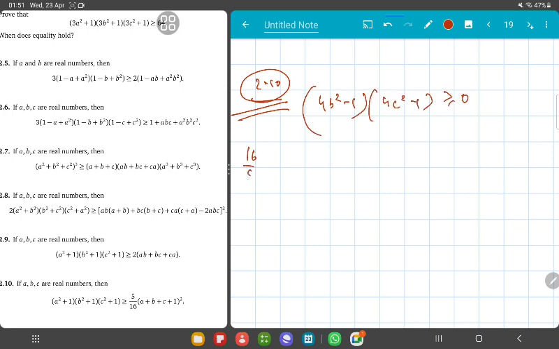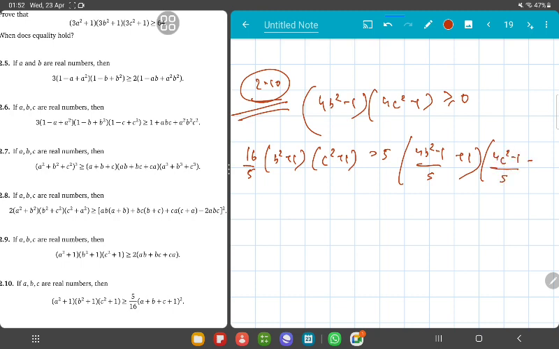Now we can say 16 by 5 (b square plus 1)(c square plus 1) is equal to 5 times (4b square minus 1 by 5 plus 1)(4c square minus 1 by 5 plus 1).